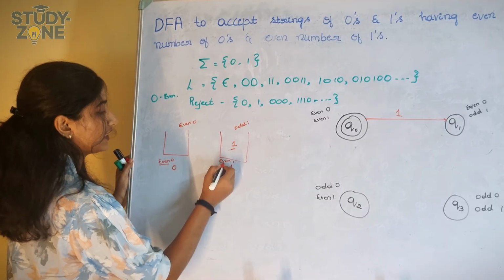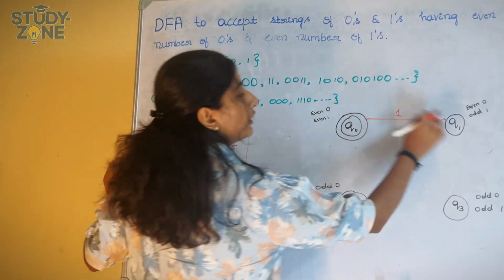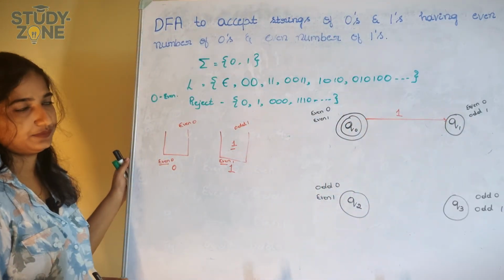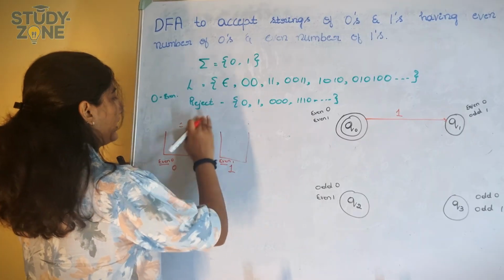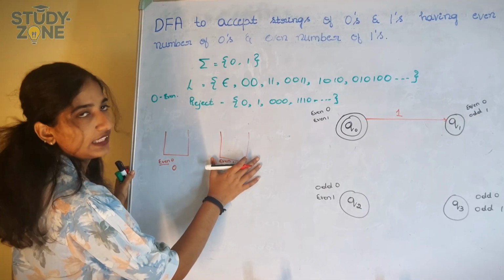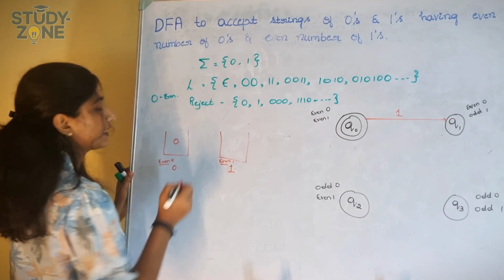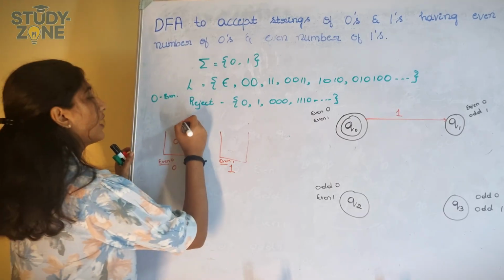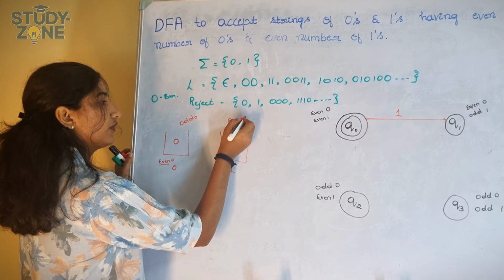Now keep the basket as it is, even 0, even 1. Now I will keep the 1 basket as it is, which means unchanged, and I am going to add 0 to the 0 basket, which means odd 0, even 1.